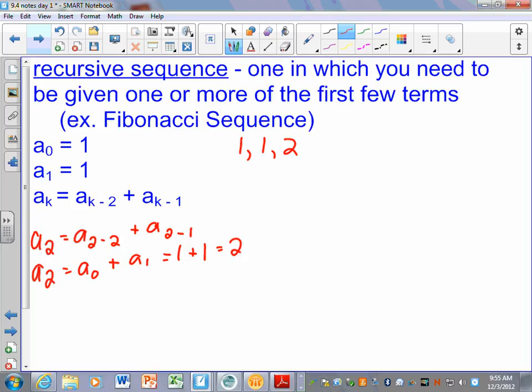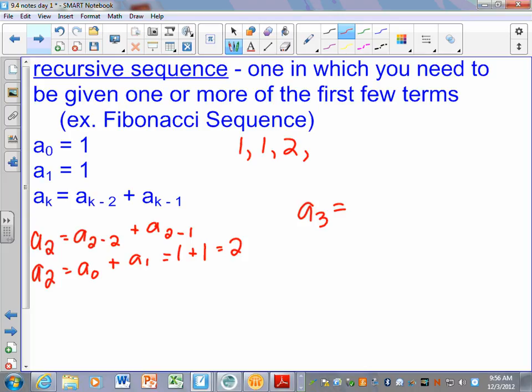We could keep writing it out like this, but what would the next term be if I was just looking at this pattern and I know the next number is the sum of the two numbers before it? All right, I'll write it out. To find the next one, just going in order, a sub 0, a sub 1, a sub 2.